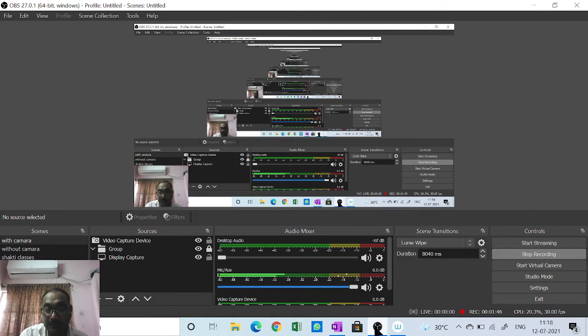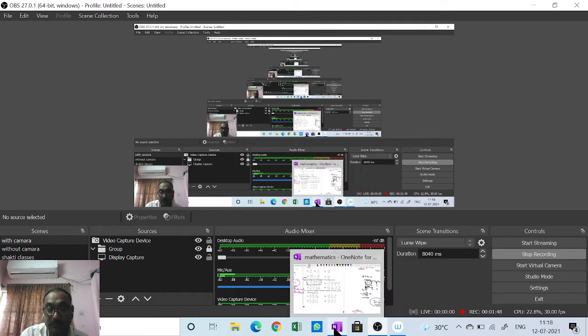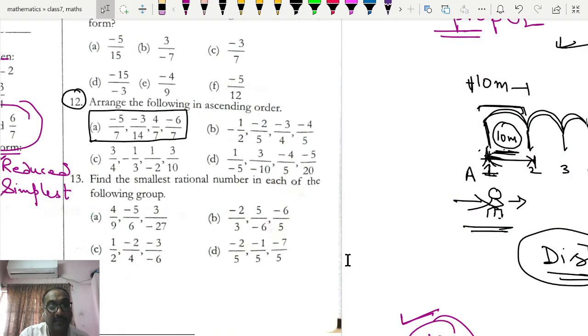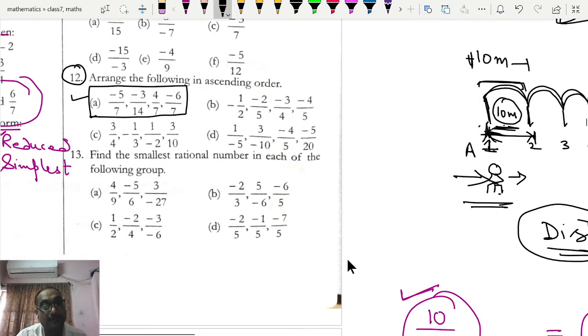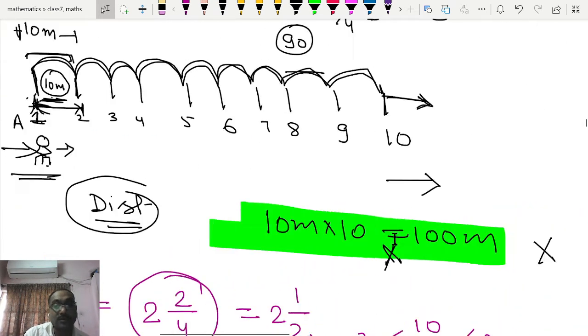See, the given numbers are here: minus 5 by 7, minus 3 by 4.